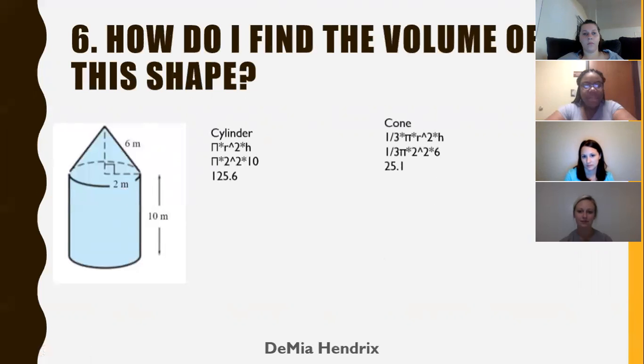And then you have the cone, which is 1/3 times pi times r squared times height. So you plug that in as 1/3 pi times 2 squared times 6, and you get 25.1 meters. When you add those together, your sum is going to be 150.7.